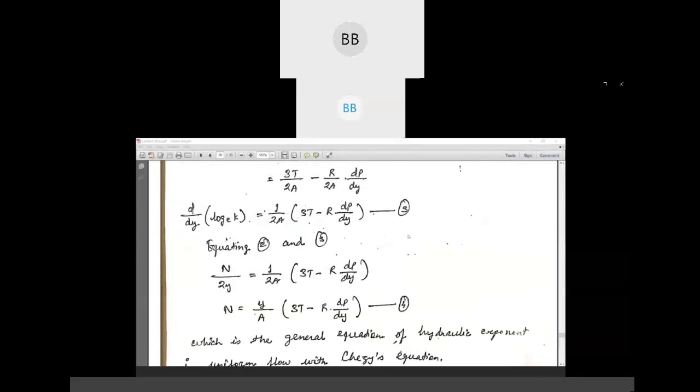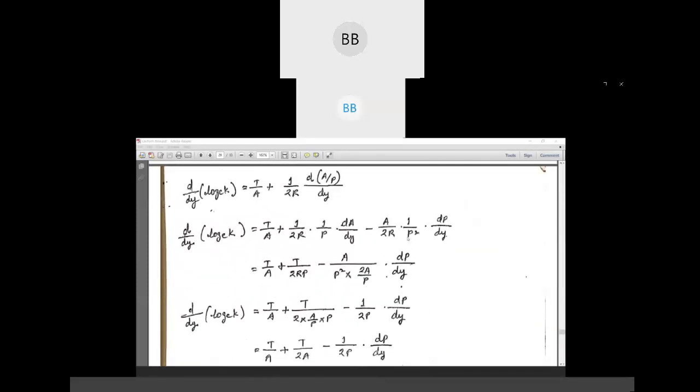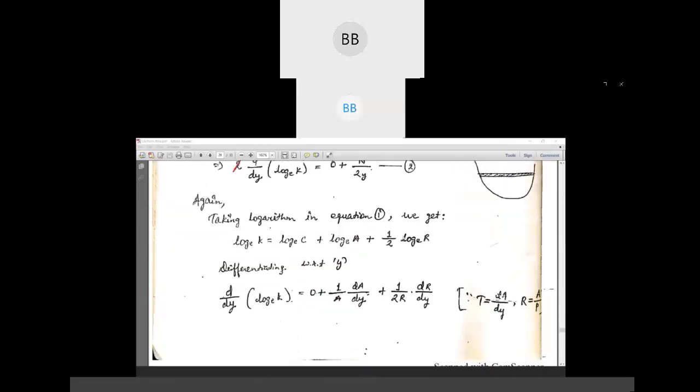Students, go through the derivation and see if you have any doubts.